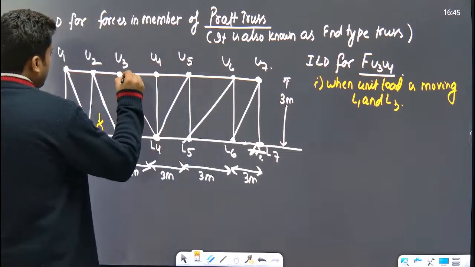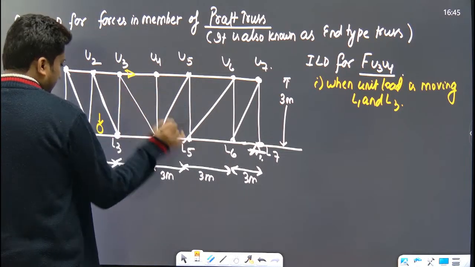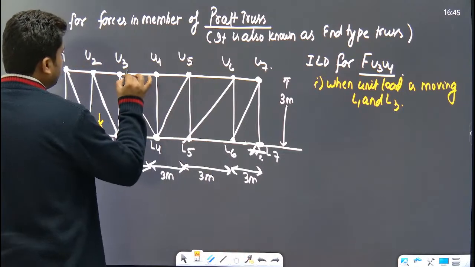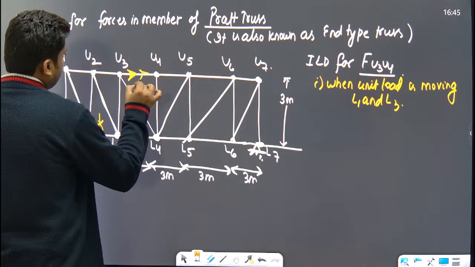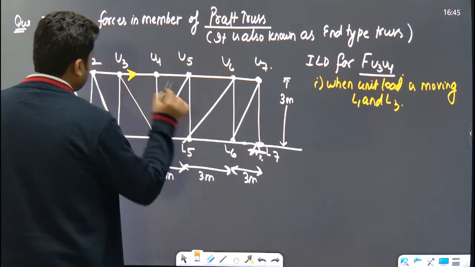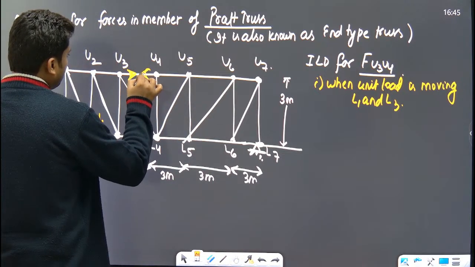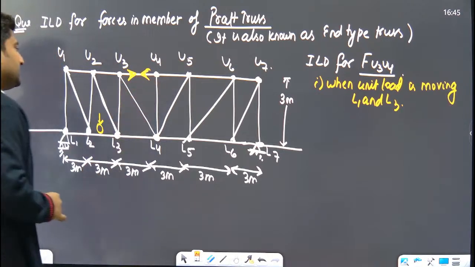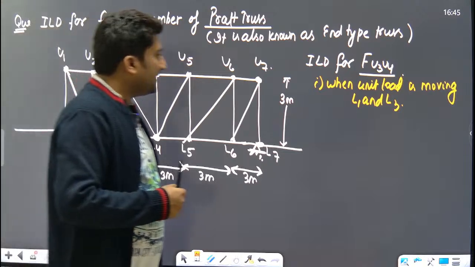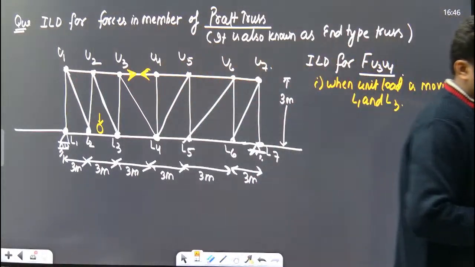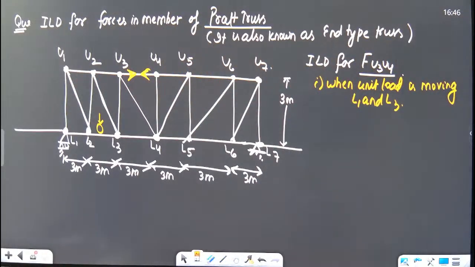So let us suppose now this is a truss. The truss has only axial forces. Let us suppose these are the forces. These are the forces in U3 and U4. Now cut the member at U3, U4.